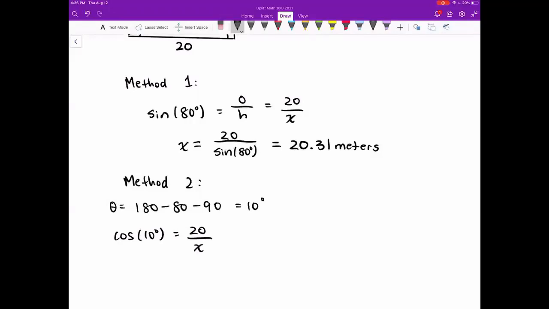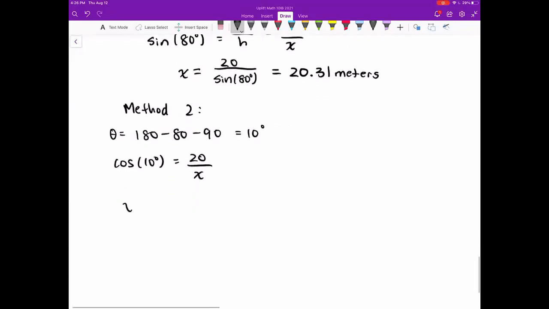We just mark it as x. We can rearrange the equation again, and we get x is equal to 20 over cosine 10. Now if we use our calculator, we should get the same number. And yes, it is roughly 20.31. Thank goodness it is.